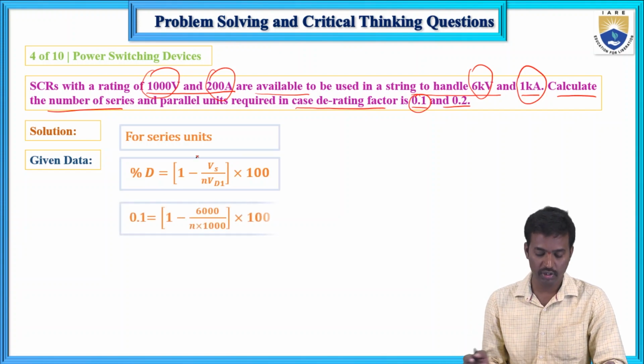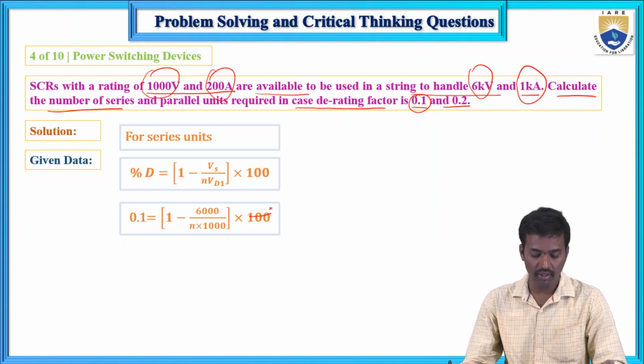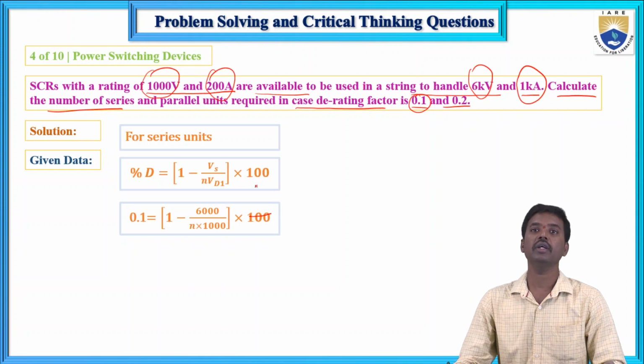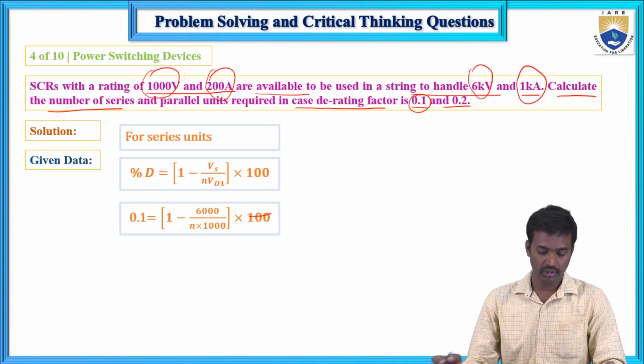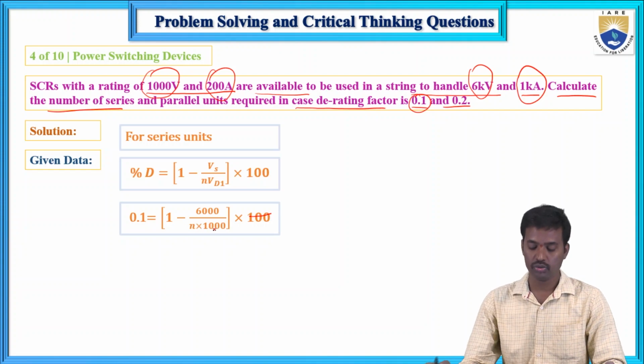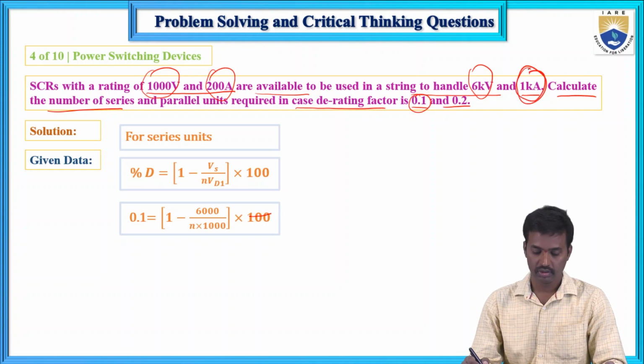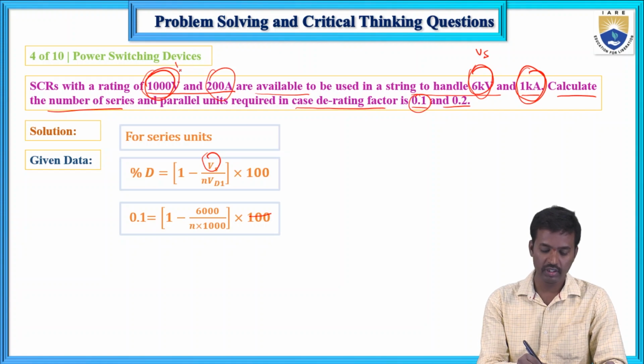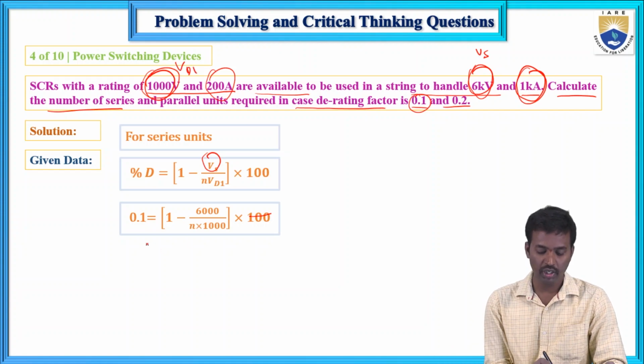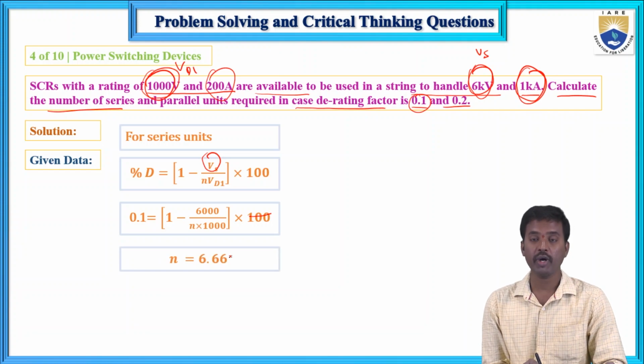So now here 0.1 equals 1 minus 6000 by N into 1000, 1000 volts and 6000 volts. So this is Vs, and next this is Vd1. From this you can determine the N value equals 6.66, that means almost 7.